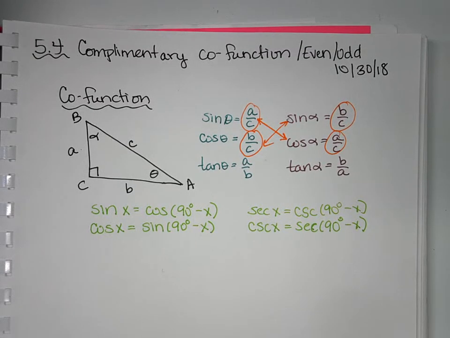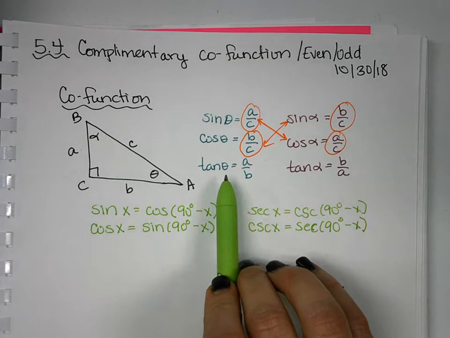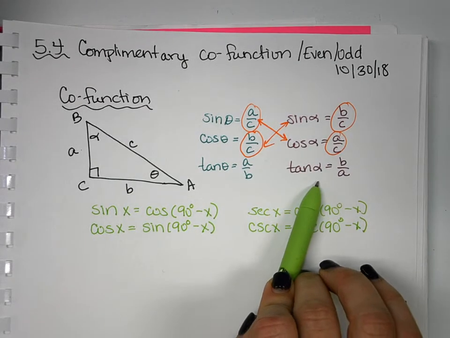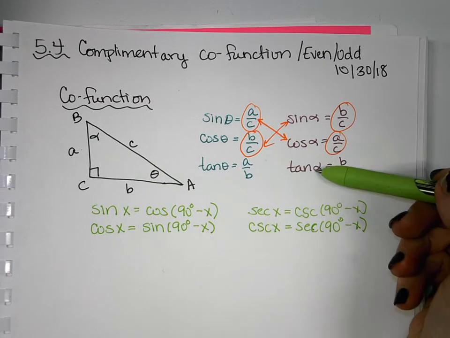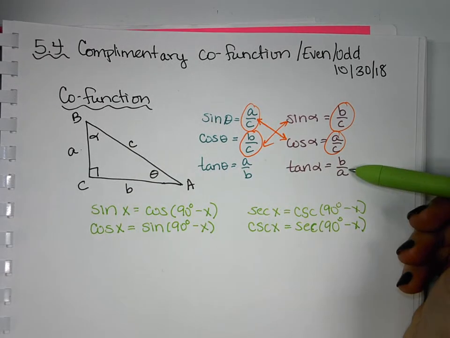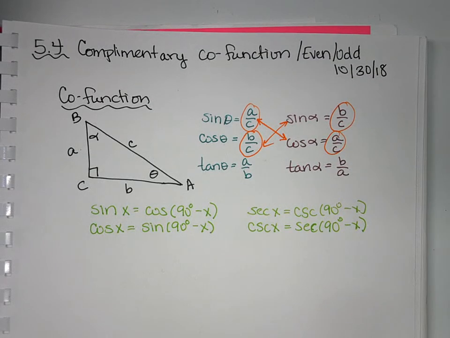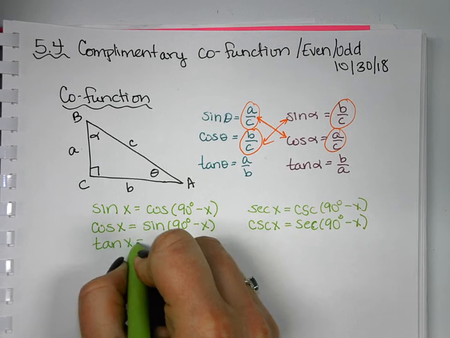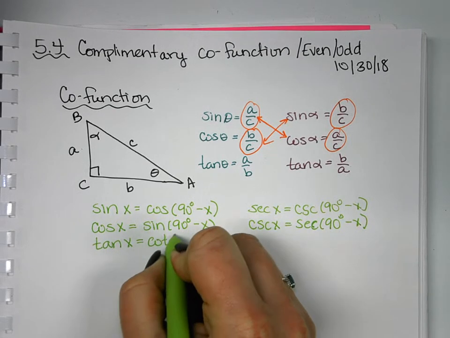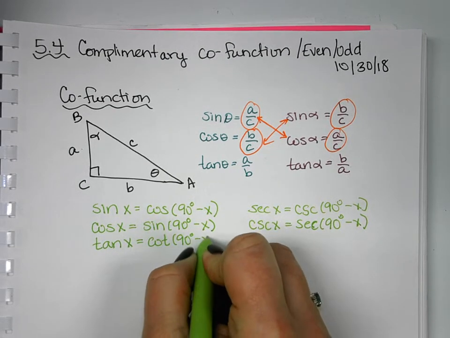Now all that leaves is tangent. Now tangent is not necessarily a cofunction with another tangent, it's actually a cofunction with its reciprocal. Because if I were to make this a cotangent of theta and flip this as well, I'd have the same ratio. So our last one is tangent of x is going to be the same as cotangent of 90 minus x.